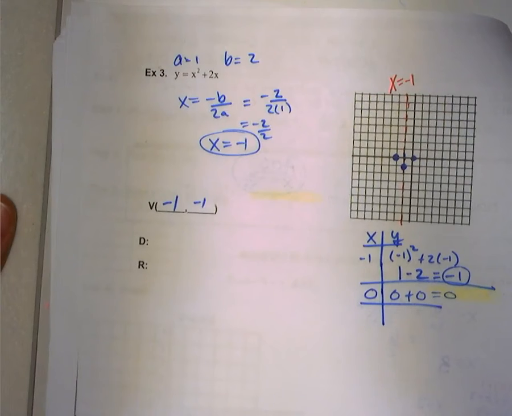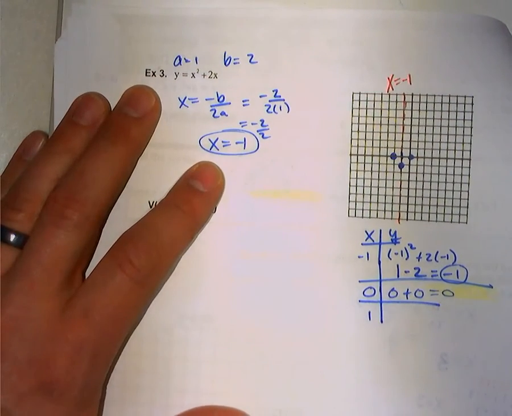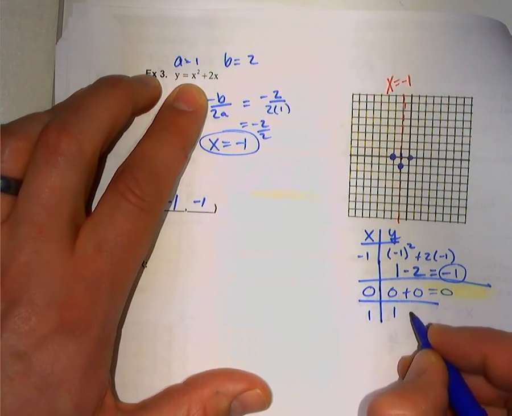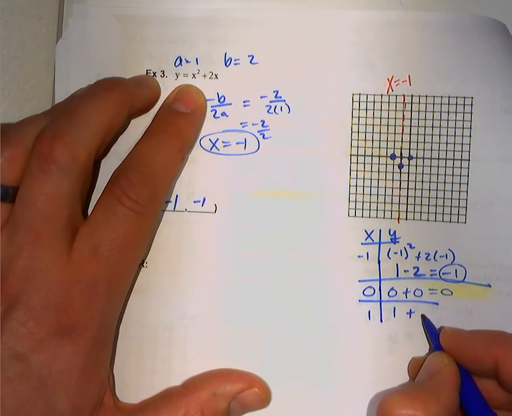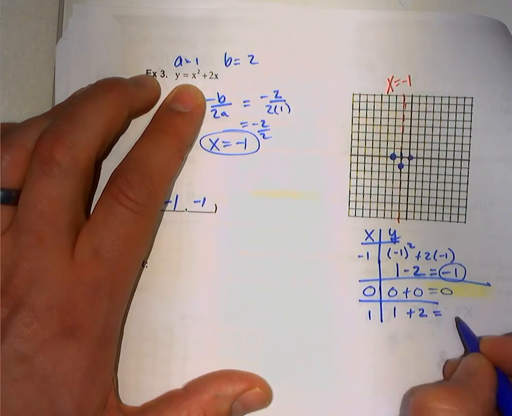Now, it makes it a little bit nicer if you can give me 2 more points, 1 on each side. Give me 1 more integer I can plug in. What's to the right of 0? 1, so plug in 1. What's 1 squared? 1 plus 2 times 1. What's 2 times 1? 2. 1 plus 2 is 3.